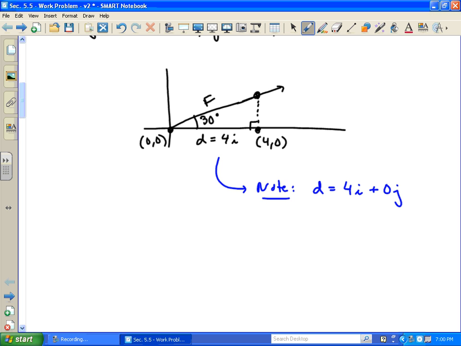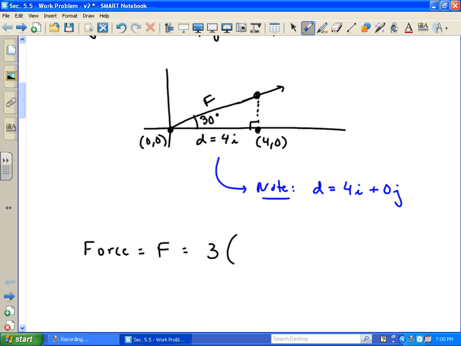Okay, the first thing we want to do is we want to write our force in terms of i and j. Now this is something that we haven't covered yet, but we're going to do it now. Okay, the force F, it turns out in terms of i and j, can be written as 3. Okay, we were saying that we were applying 3 pounds of force.